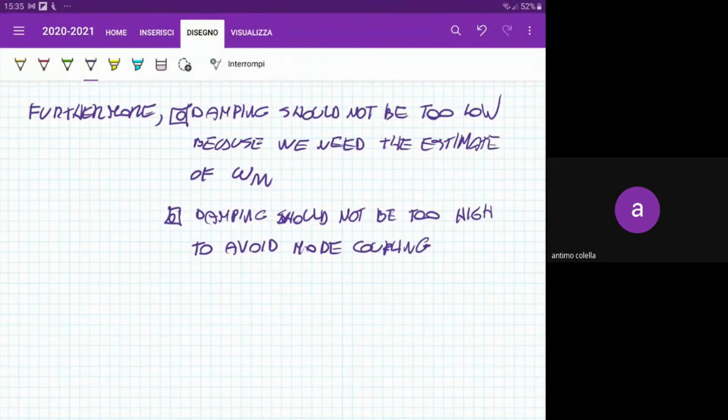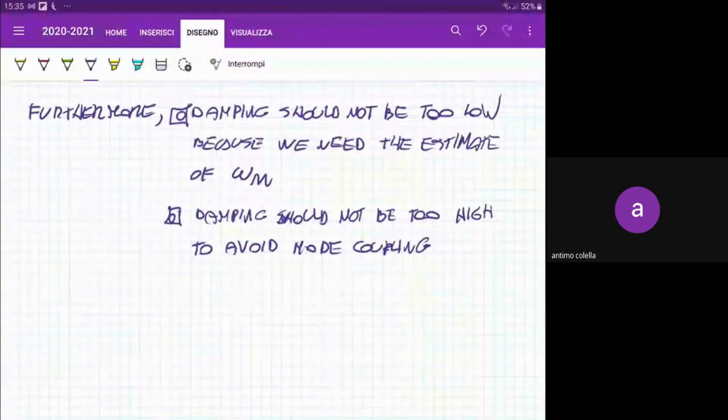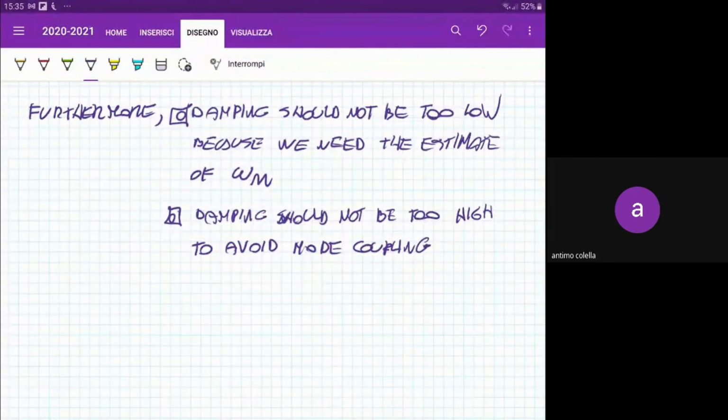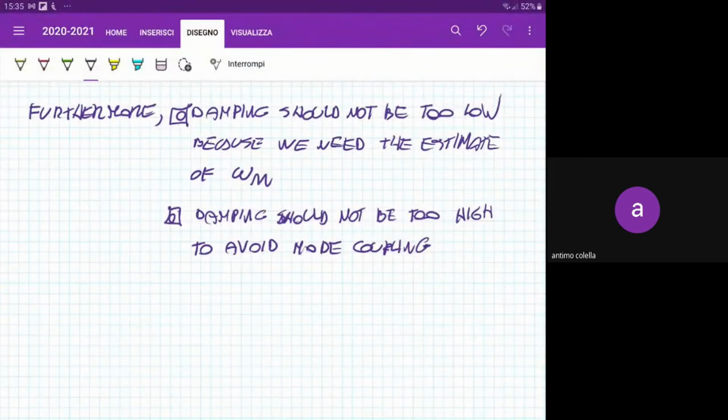The damping, the question is why damping should not be too low. The answer to this question could be obtained just by referring to the behavior of your FRF across the natural frequencies with zero damping or very low damping. In those cases, the amplitude of the response is varying a lot with small changes with respect to the natural frequency.